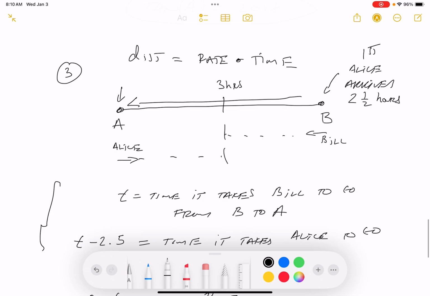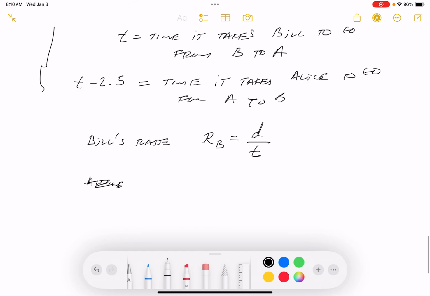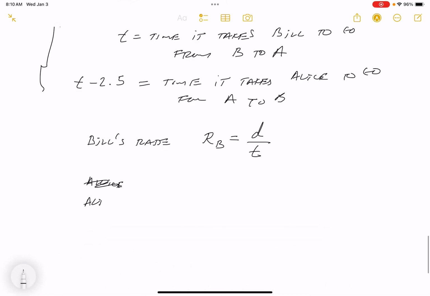The distance between these two things over here is D. I don't know the distance, but I'm going to say D's the distance and T. And Alice's rate, oh boy, really screwing up with the penmanship. Alice, I'll say R sub A. It's still a distance, but her time now is going to be T minus 2.5.